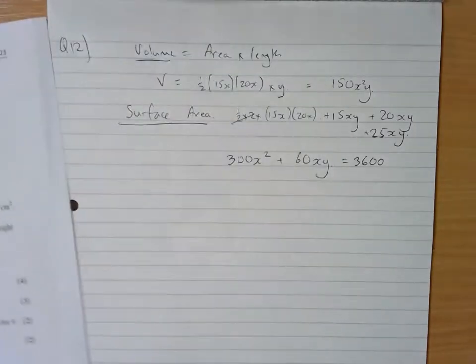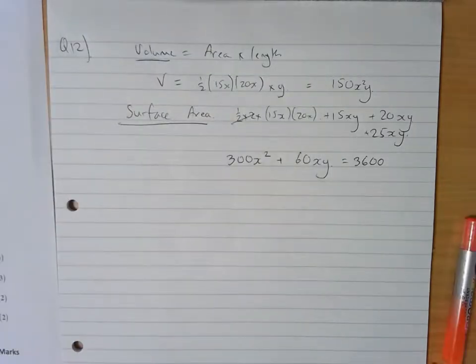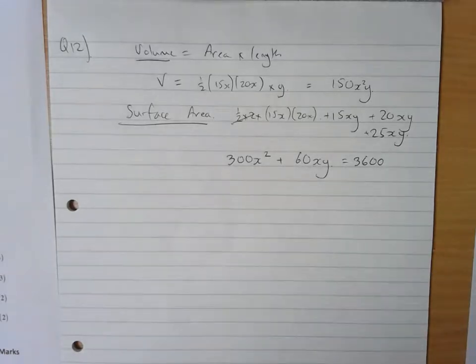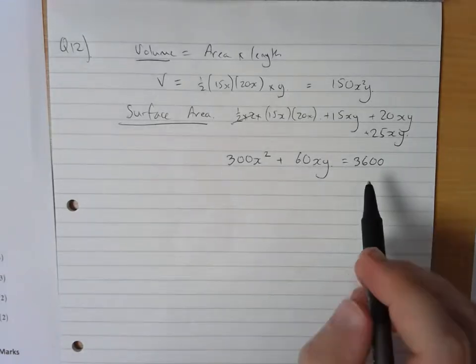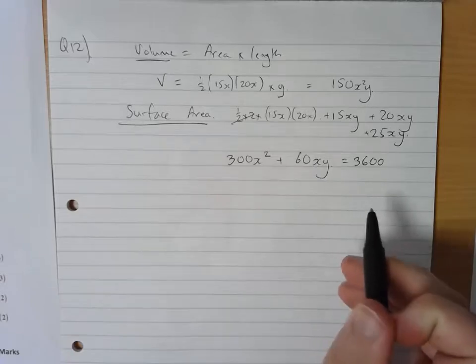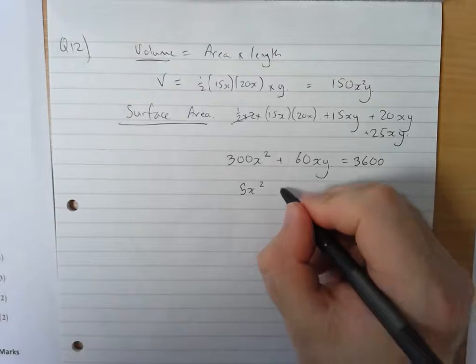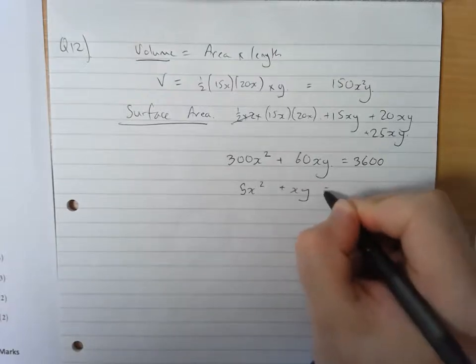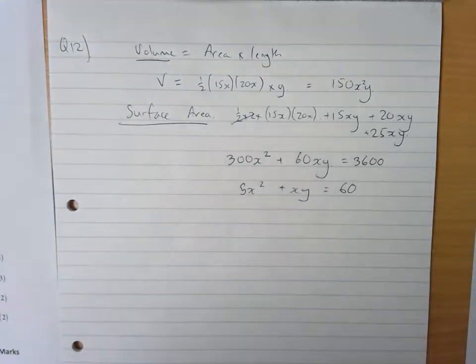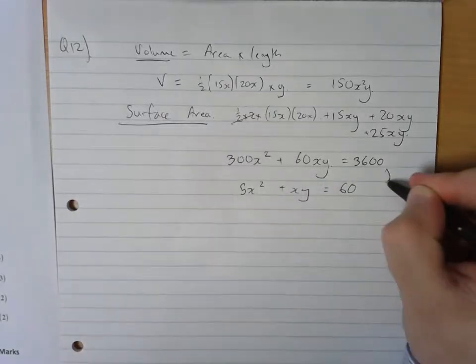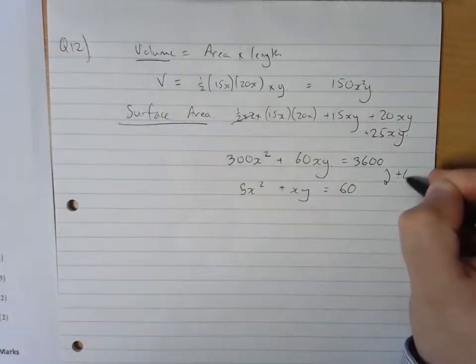So we've made a surface area equation, and we've paired all of these things up to get to our final equation. I can actually do some simplifying here because everything divides by 60. So we get 5x squared plus xy equals 60, which is just a nice simplified version of this. We've divided everything by 60.